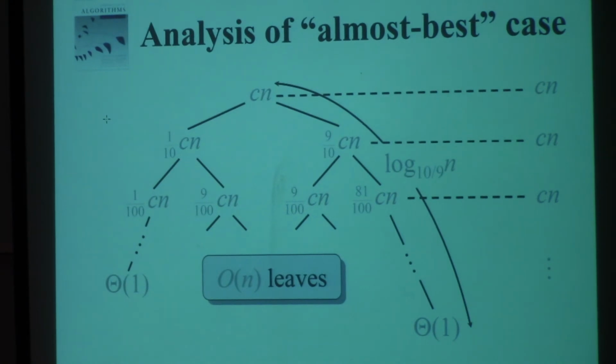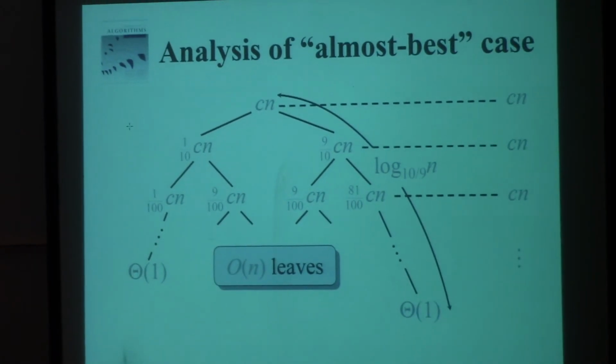So when we do that, it turns out that we have a situation where the height is log base 10/9 of n, where 10/9 is the reciprocal of the ratio 9/10. So it's a log.